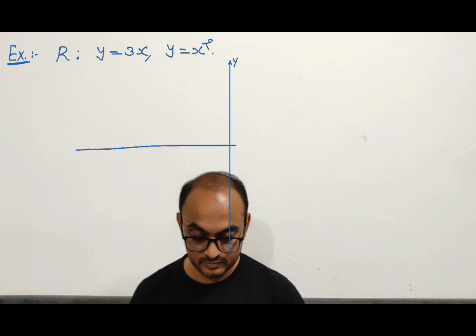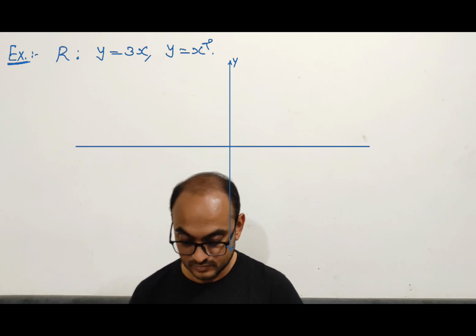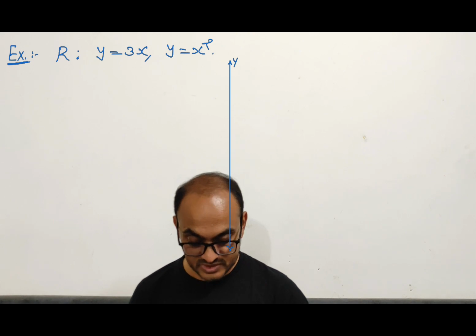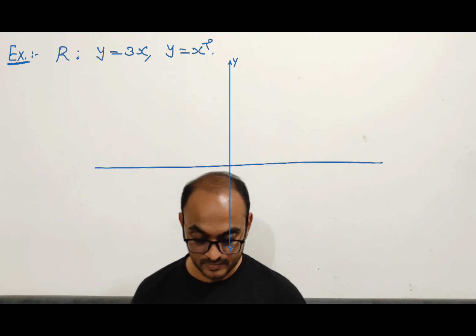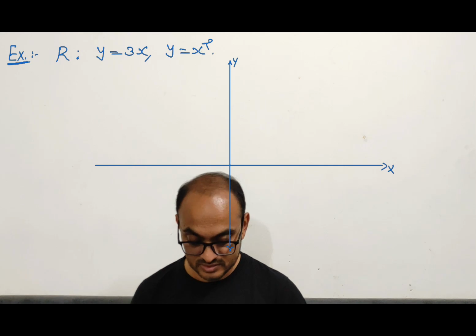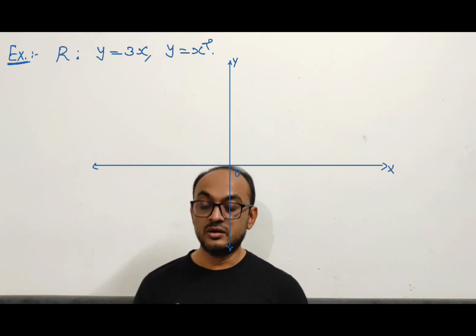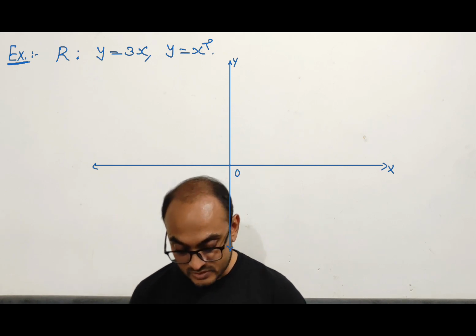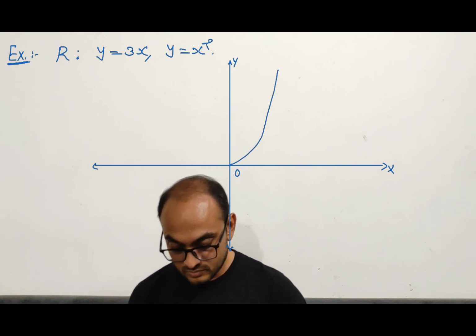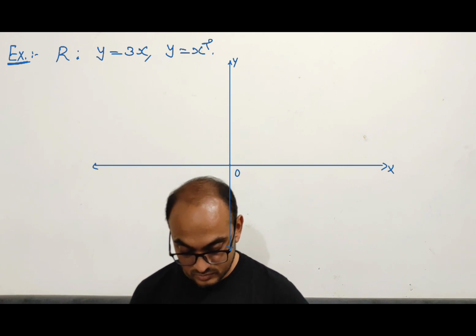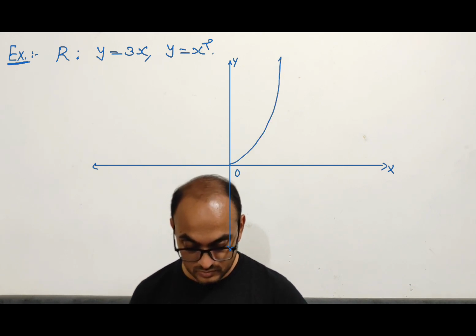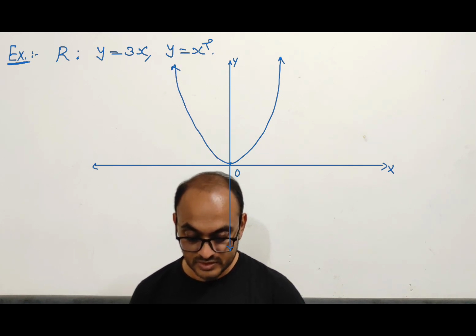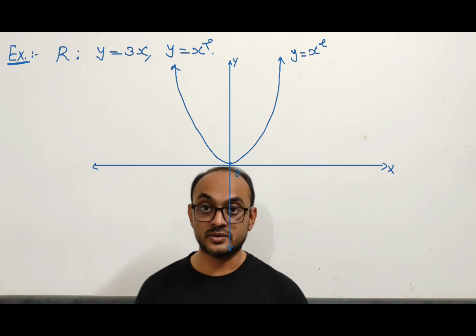Say this is the y-axis, this is the x-axis, and this is the origin. This is the curve y is equal to x square.